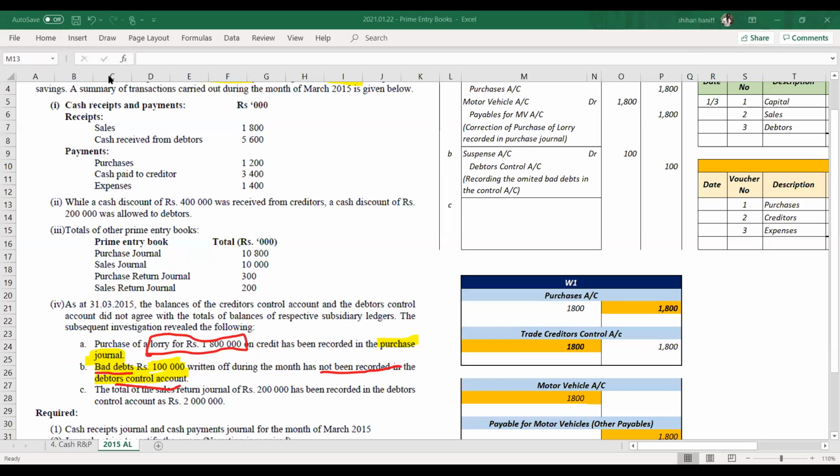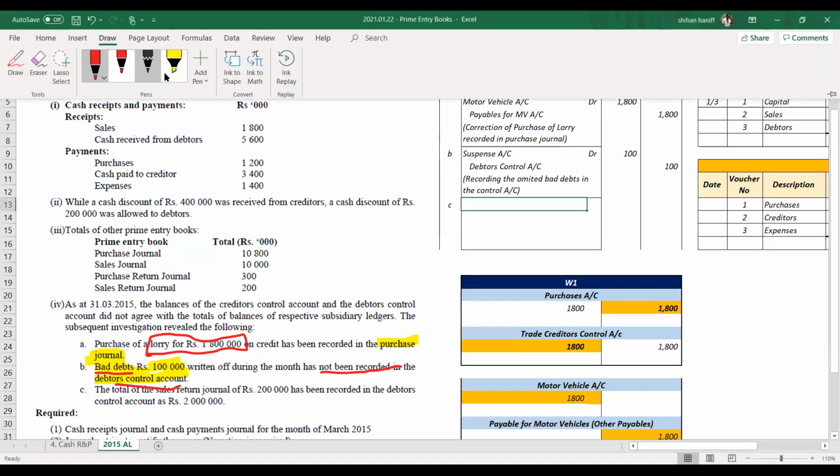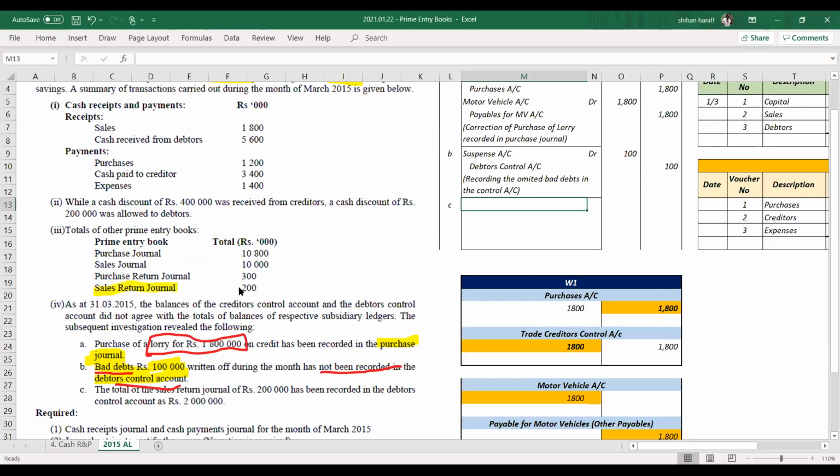If you see the sales return journal, the balance is 200,000, but when they are recording it in the debtors control account, they have recorded it as 2 million. That is also in the control account.